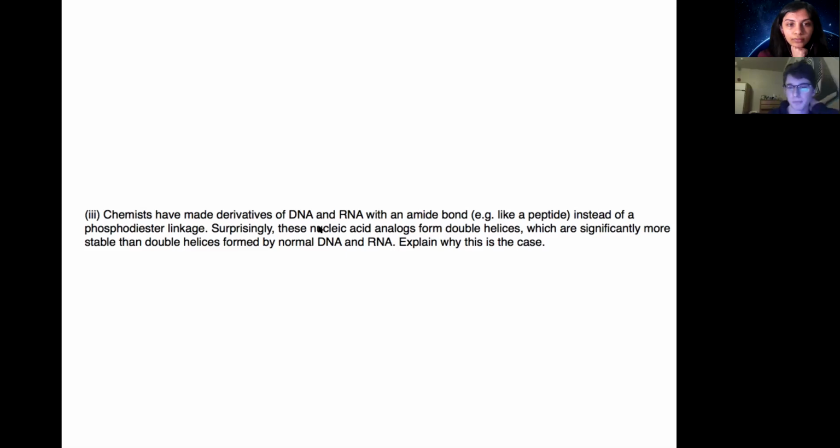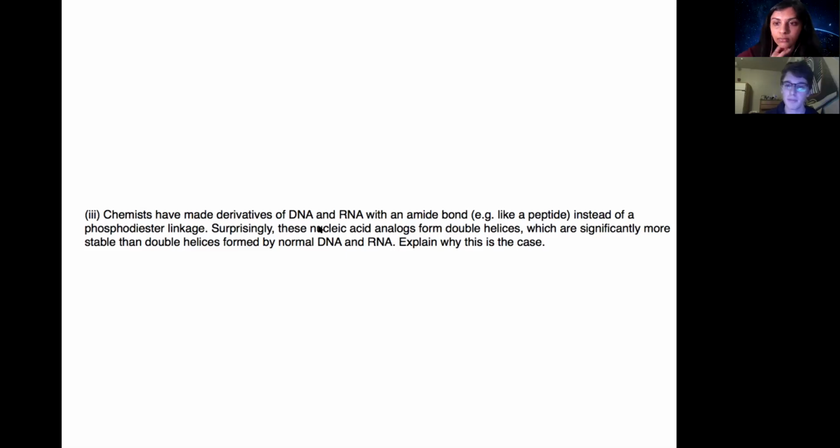So if you replaced the backbone of DNA with a different backbone, as long as the linkage is generally the same and can still properly link the stack, it wouldn't be too unreasonable that helix formation would be promoted due to base stacking interactions. That factors into part of the question, but the other part is why it's more stable than regular DNA and RNA.